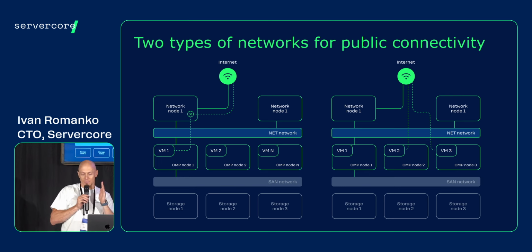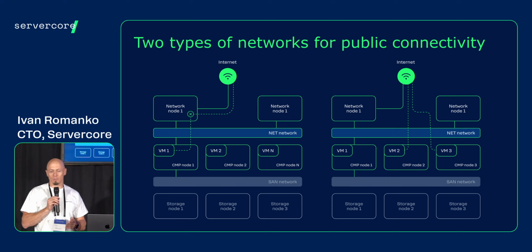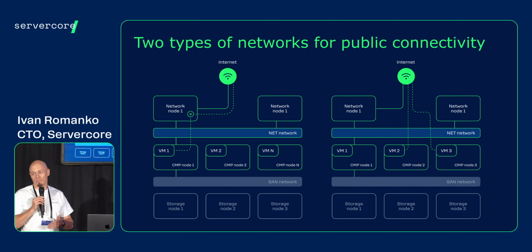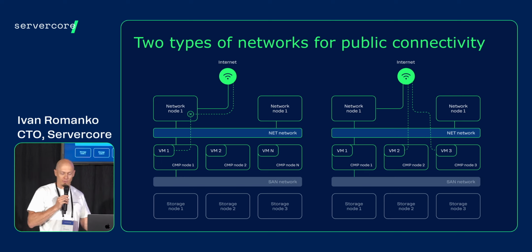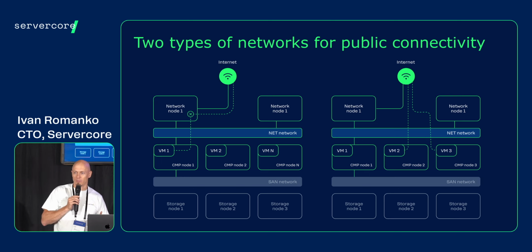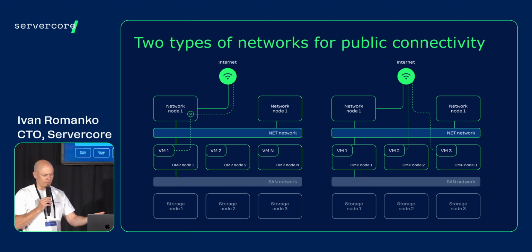We will focus on network traffic and the two main ways you will encounter studying the topic on the internet, testing different service providers. There are two ways to process public traffic. To use something in the middle, like network nodes in case of Servercore. It can be specific server equipment, network equipment.